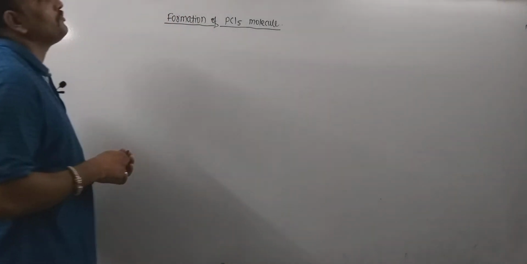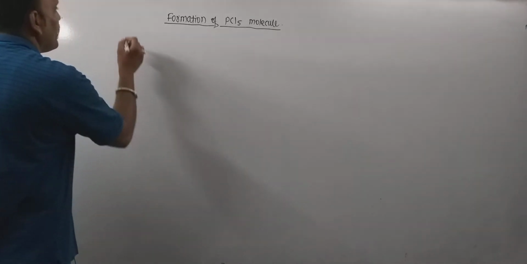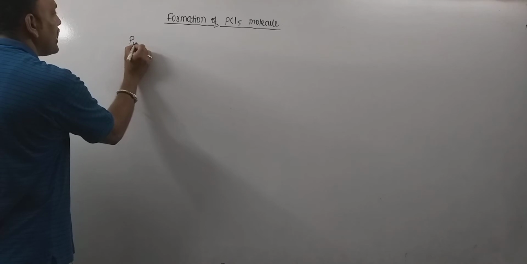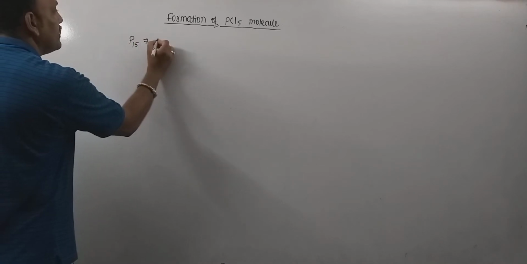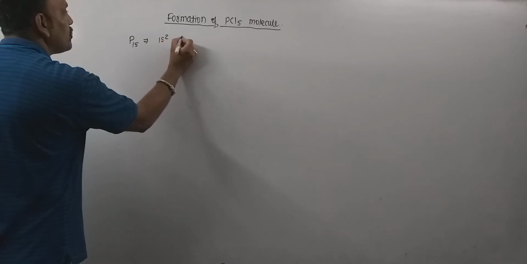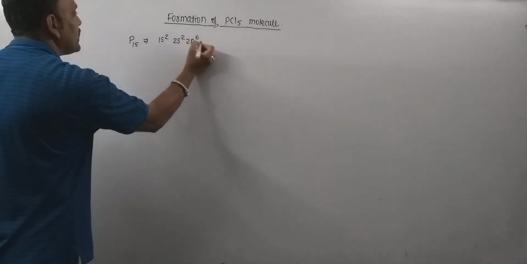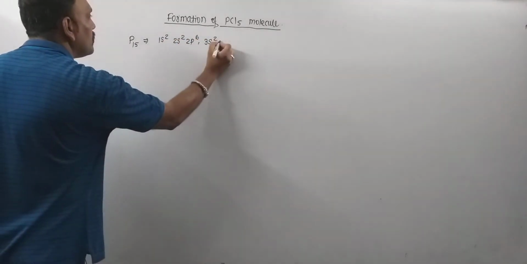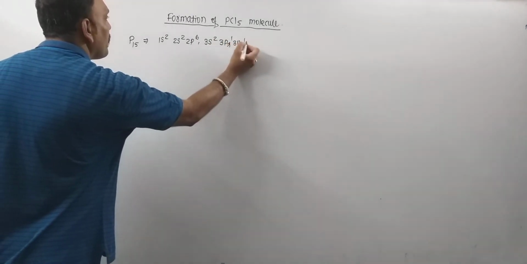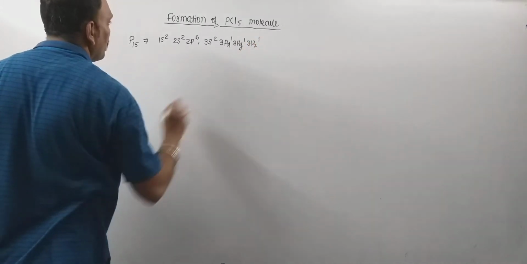Now let's see the formation of PCl5. So in PCl5, the central atom is phosphorus, having atomic number 15. Its electronic configuration is 1s2, 2s2, 2p6, 3s2, 3p3, that is 3px1, 3py1 and 3pz1.